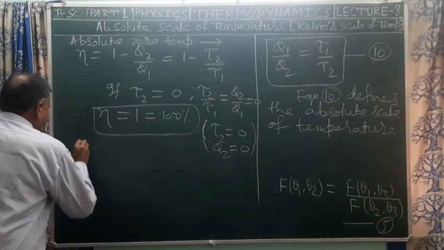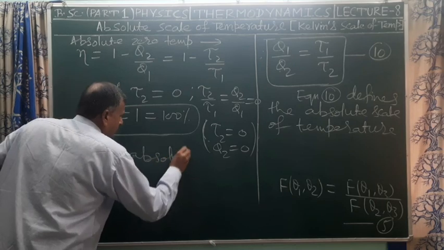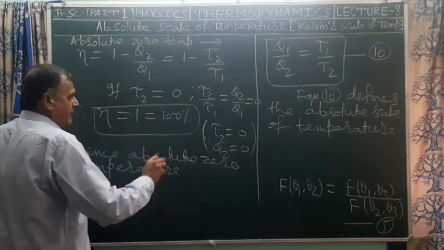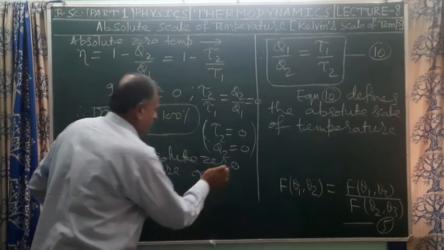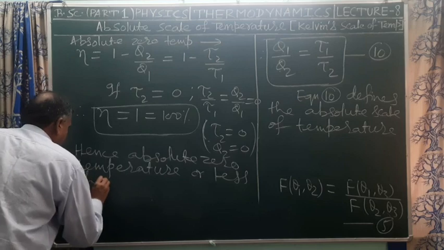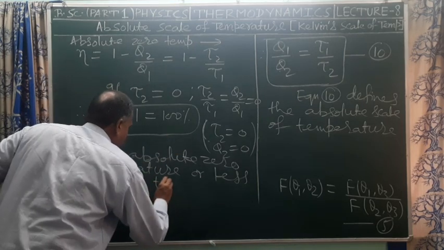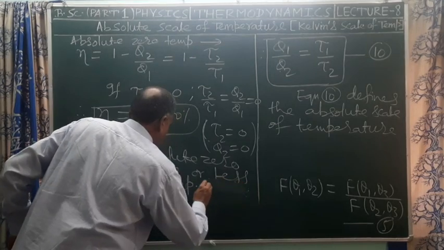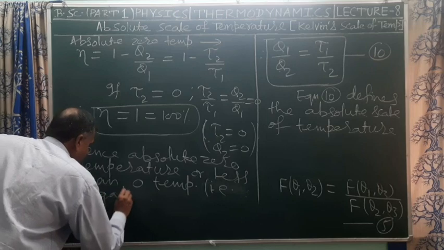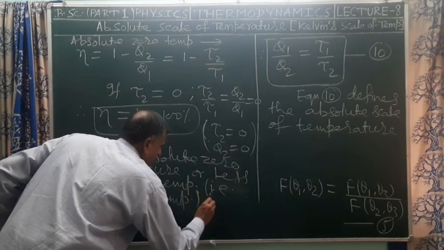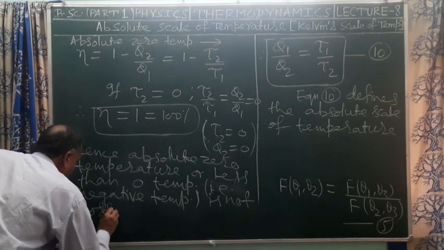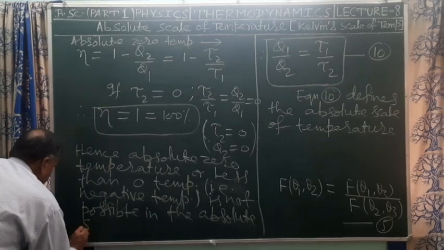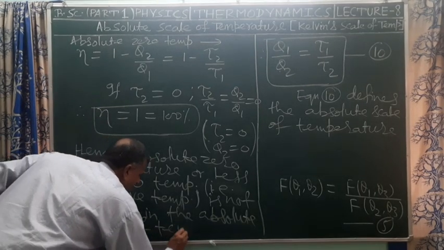So write down, hence absolute zero temperature or temperature less than zero, that is negative temperature, that is tau 2 equal to 0, negative temperature is not possible in the absolute scale of temperature or Kelvin's scale of temperature.